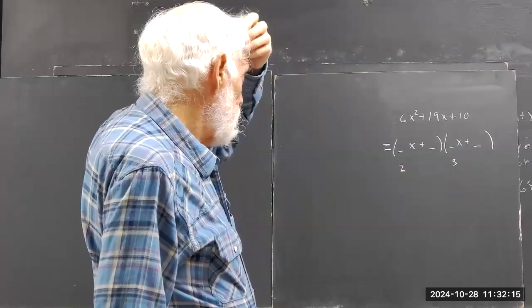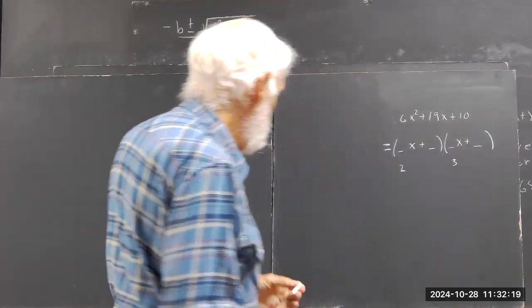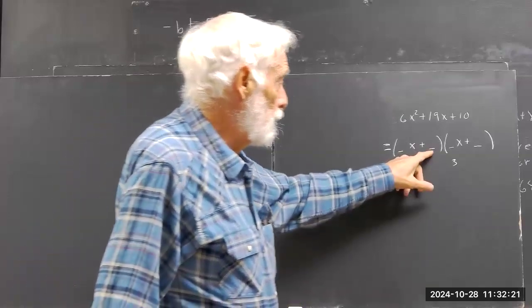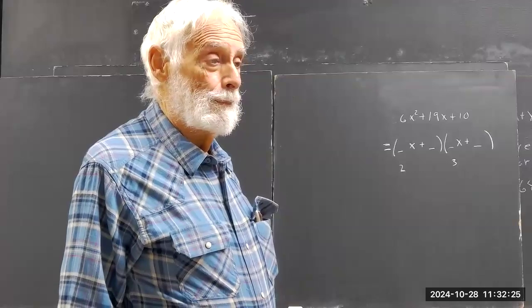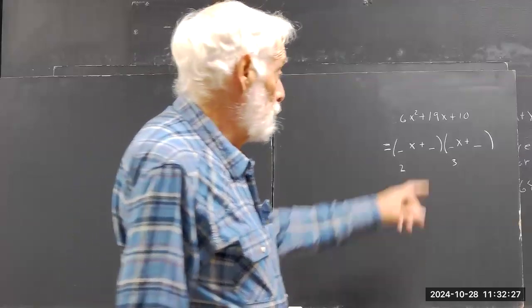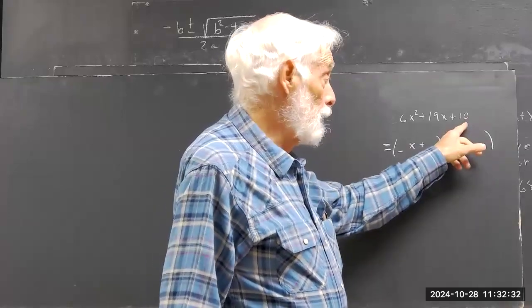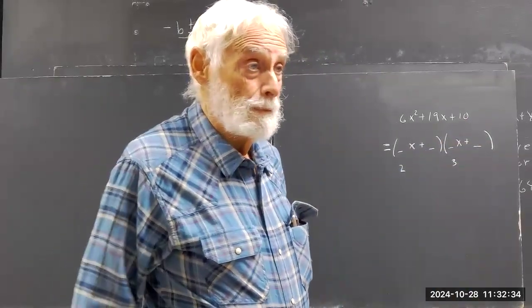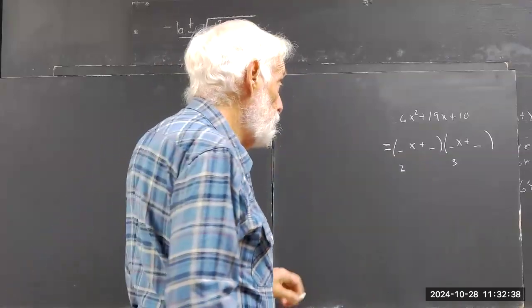Okay. Now, what are two numbers I could put here? Just hold up fingers. Somebody tell me one of the numbers I could use here. Remember, what do these two numbers have to do? They have to multiply out and give you 10, don't they? Okay, so 5 could be one of the numbers.